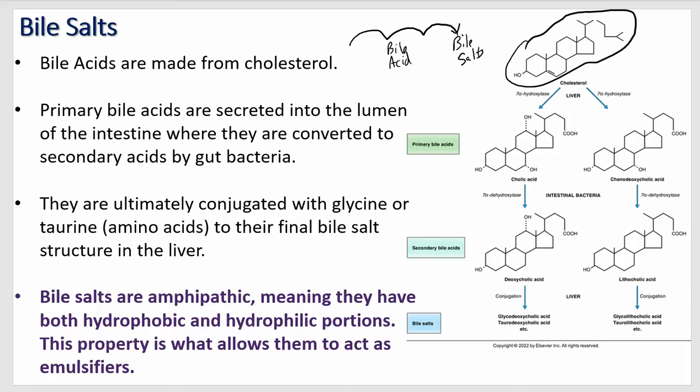And this happens in the liver, and so it has the primary bile acids, and then there's a secondary form, and the secondary form is done by intestinal bacteria, and then that can be reabsorbed and go back to the liver, where the liver can conjugate those to a glycine, so attach a glycine or a taurine to it, and that is what we end up with as our final bile salt.